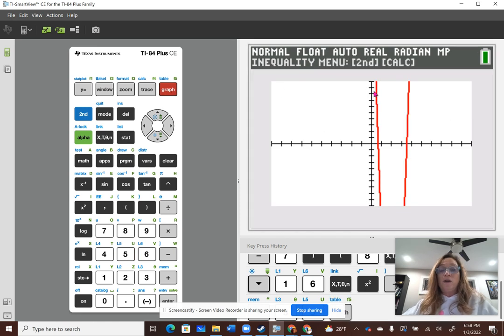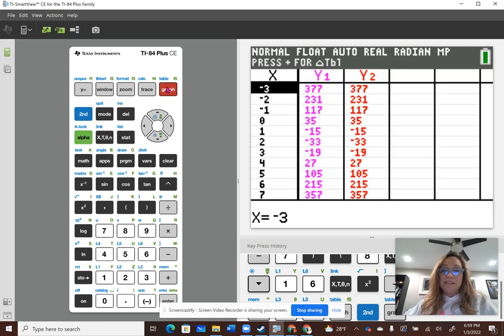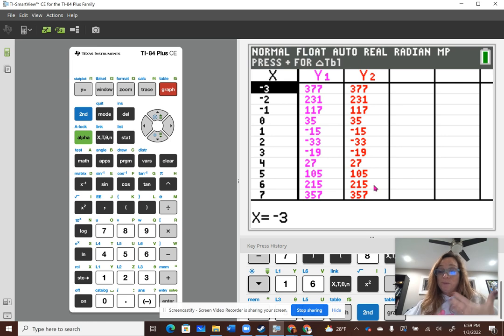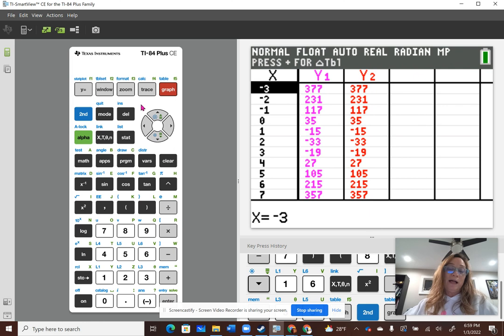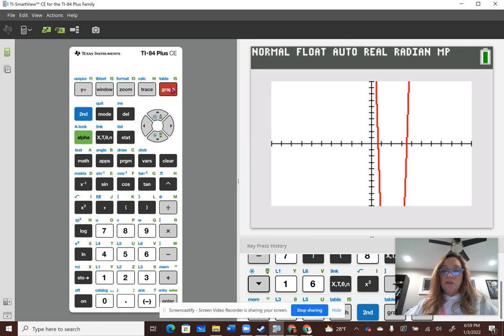So what would happen is you would see the picture in one color, and then if they're equal, you would see the picture go over it. So the two graphs are equal. You could also look at the table, and you'll see that they have equivalent values in the table, which means they're equal expressions or equal polynomials. Okay? So that's one way that you can check it, which is pretty cool. So the graph, you'll see one right next to the other.